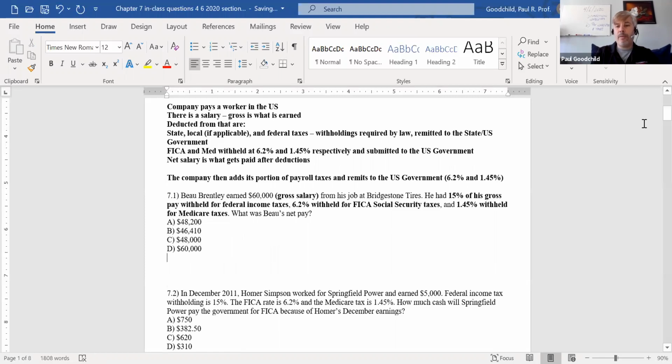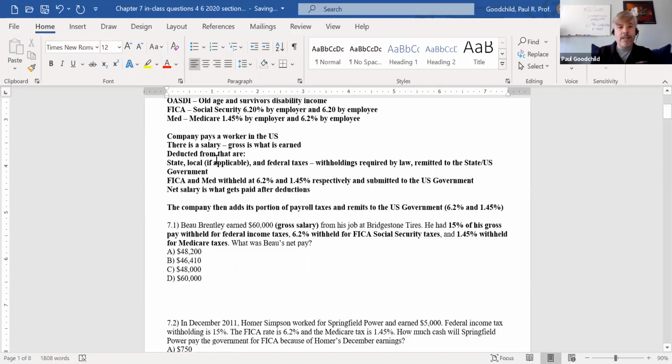Before I jump in, I just wanted to say that Social Security is capped at about 131,000. That means they don't deduct any more beyond that.